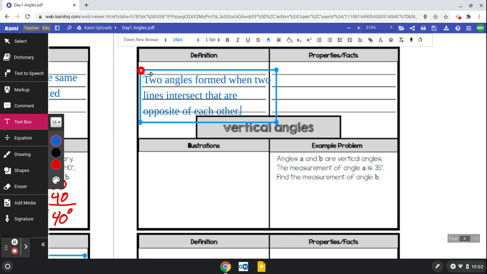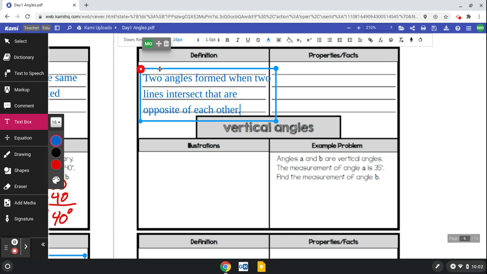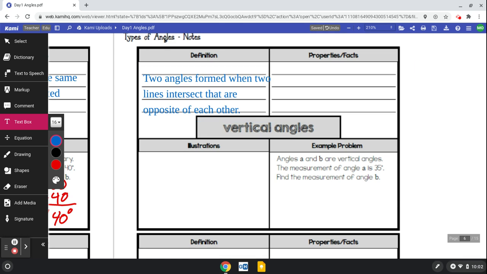Now I know some of you got to see some angles before we did our iLearn, and we talked about what vertical would be. So let's do a quick image of this before we talk about more facts.